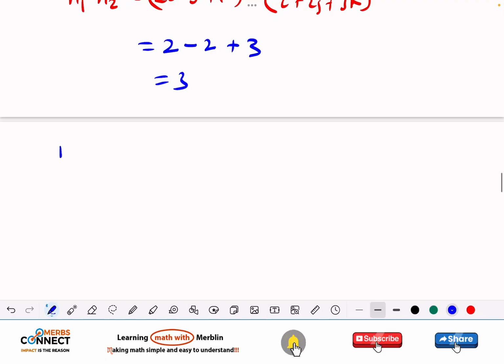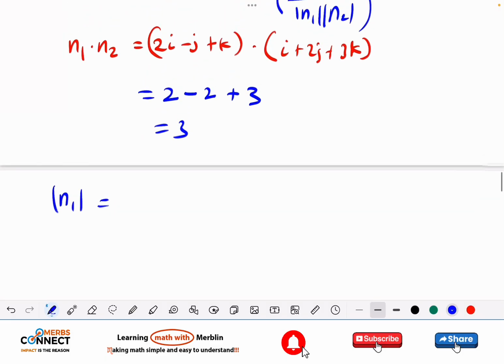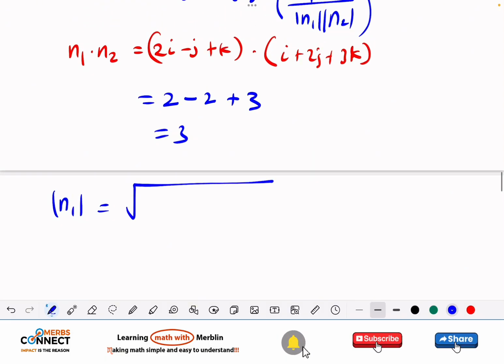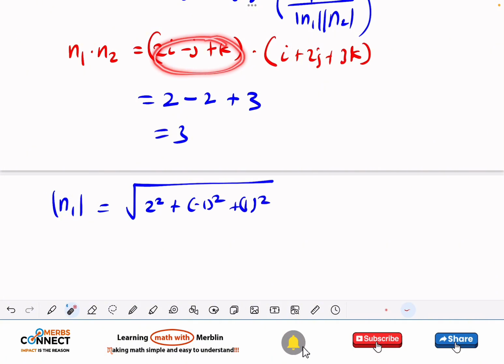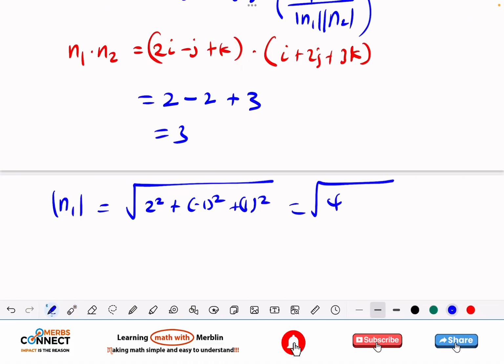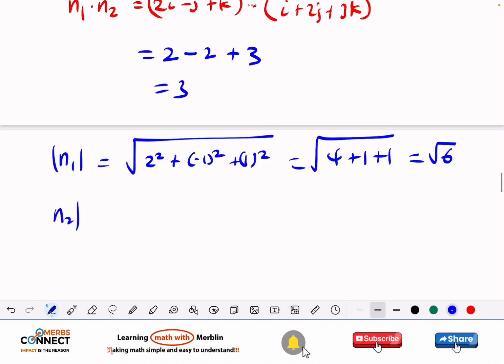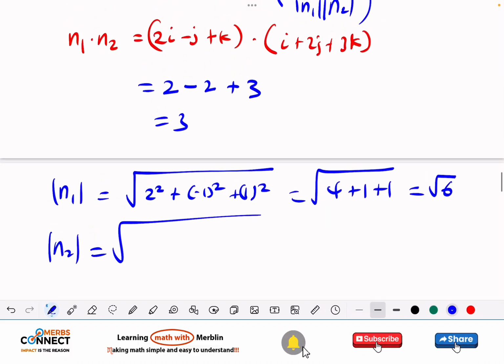Now let's look for the magnitude of n1. So for n1, the coefficients give 2 squared plus minus 1 squared plus 1 squared. So this is going to give us the magnitude of 4 plus 1 plus 1. So this is square root of 6, which is true. And then n2 is going to give us the final magnitude.